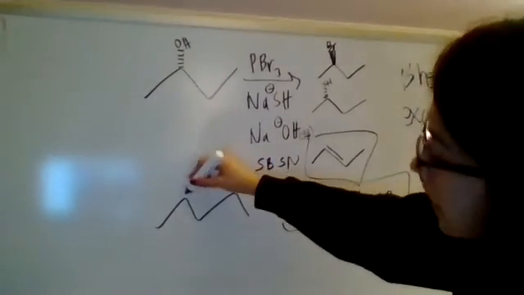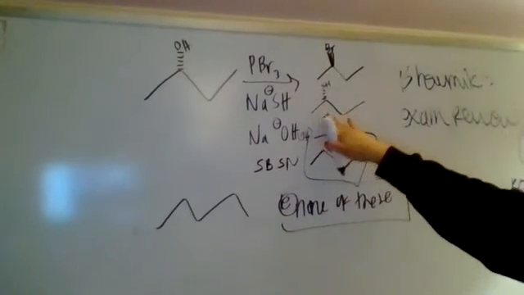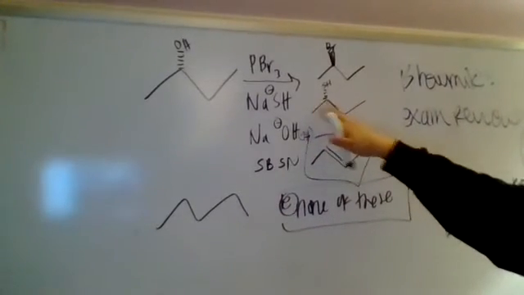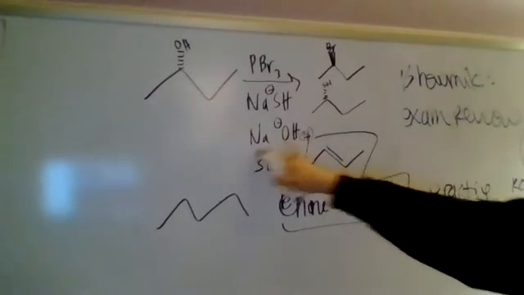That's messed up, because the E2 mechanism is right. You analyze your substrate. You have a strong nucleophile, weak base. Then this one comes in, which is a strong base.